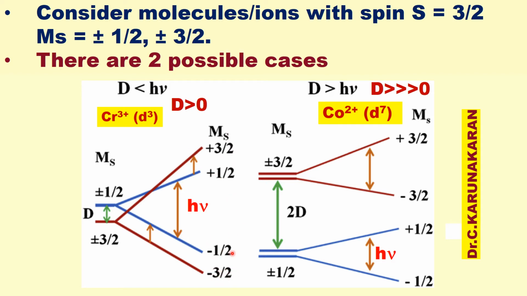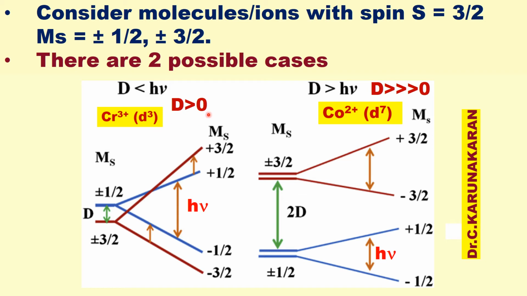In this case, this is the microwave frequency transition, h nu. Here, h nu is greater than D. In the other case, D is greater than h nu, the EPR transition microwave frequency. So, there are 2 cases I have shown here.